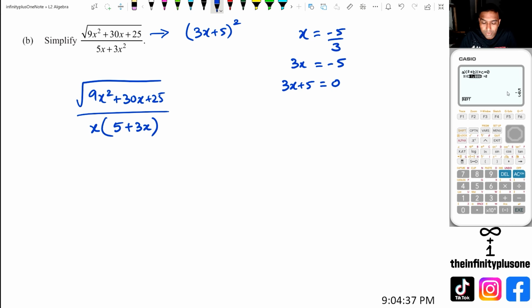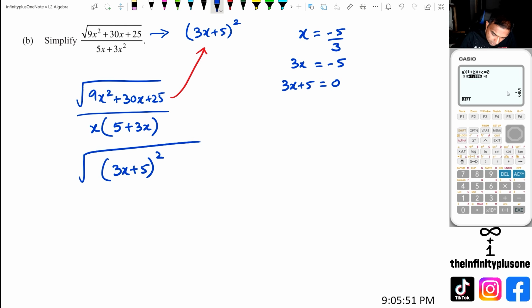Now, this is a clue that in the numerator, you're going to have 3x plus 5 in there as one of the factors. So now what I know is the square root of 9x squared plus 30x plus 25 is just going to be 3x plus 5 squared, and then that's divided by x times 3x plus 5.